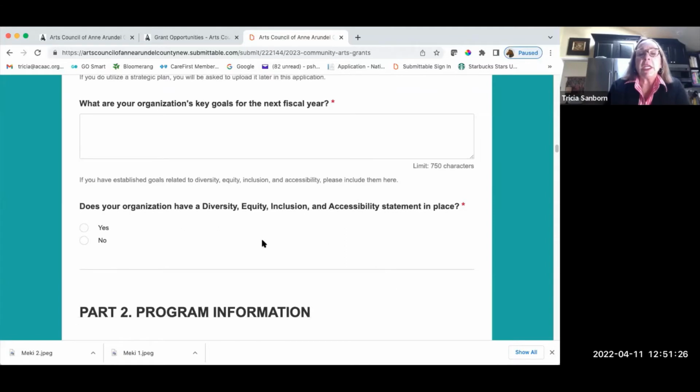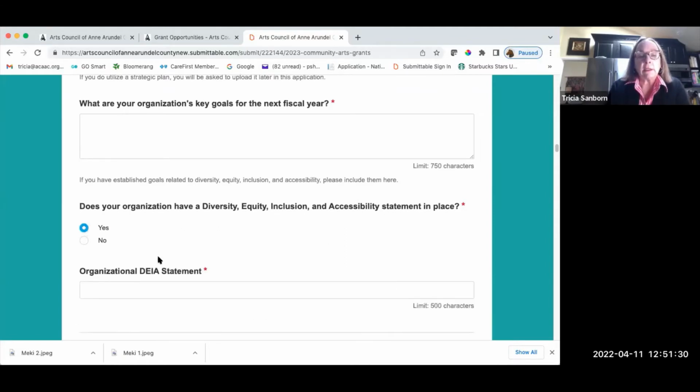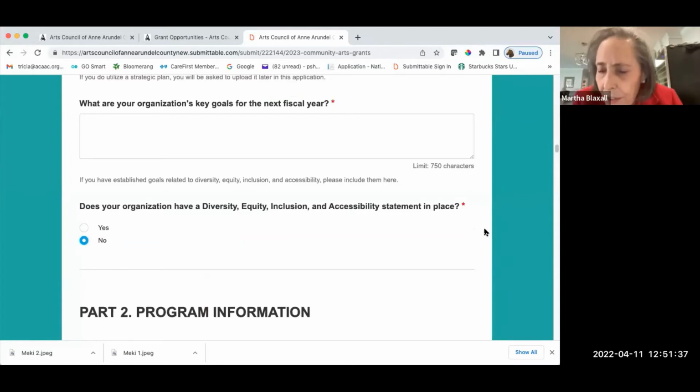Do you have a DEIA statement in place? Yes? We ask you to put it in here. And part of the reason that we're taking a census of this question is that we're trying to figure out what our DEI assistance program should be.